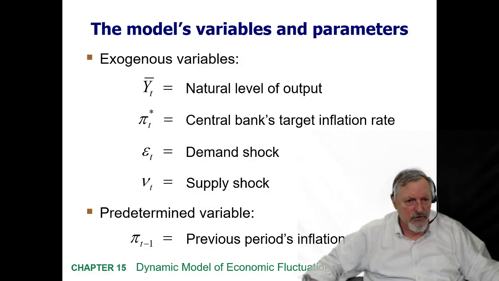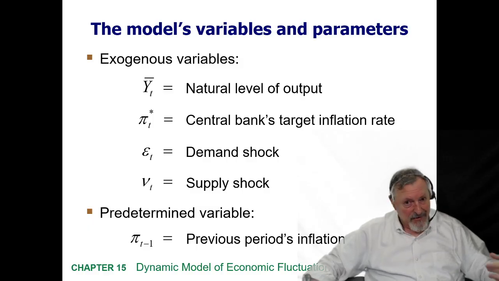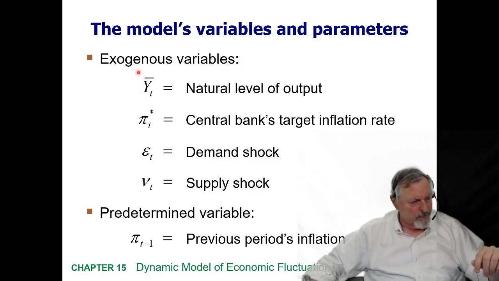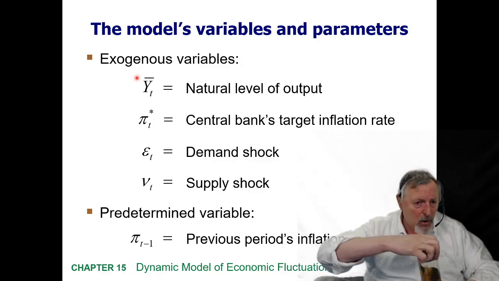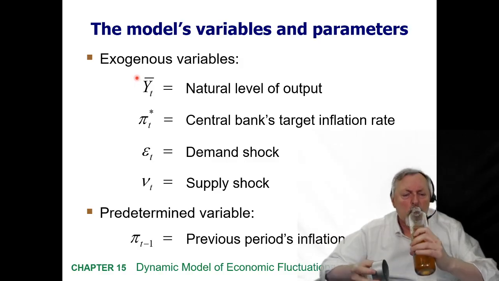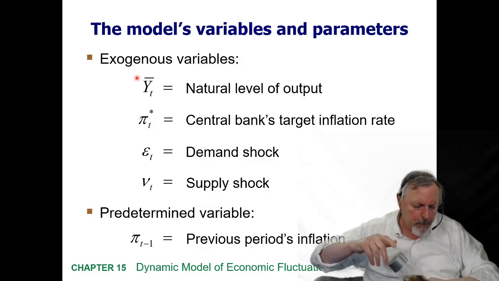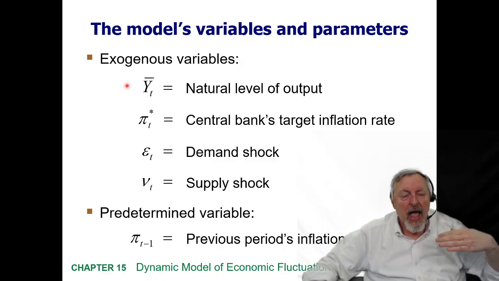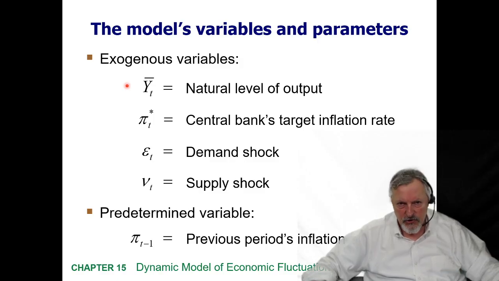These are the exogenous variables, the ones that are just a given, that the model itself does not predict. Y bar is the natural level of output. What the natural level means is the level averaged over the business cycle, assuming no exogenous shocks.